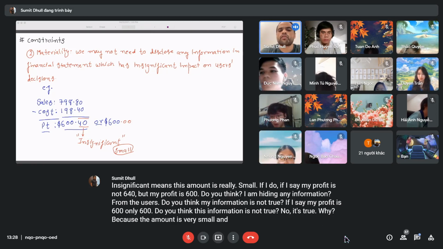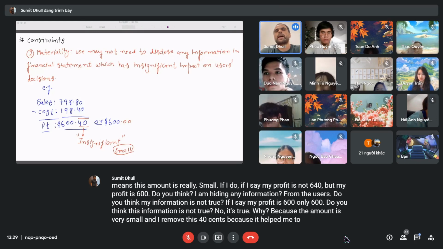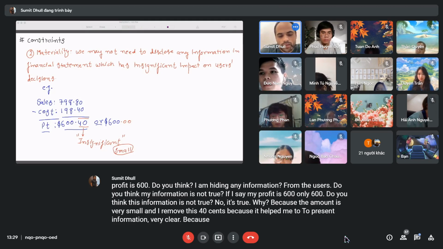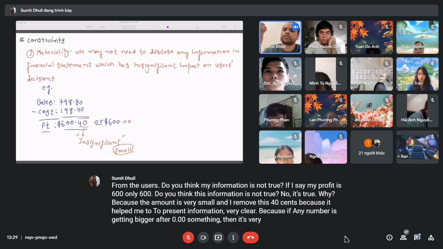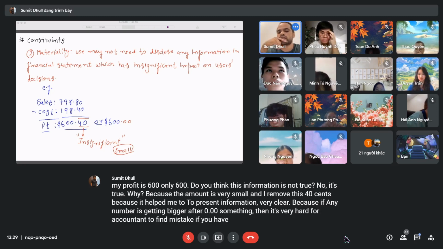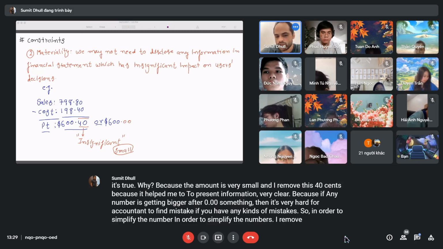And I removed this 40 cents because it helps me to present information very clear. Because if any number is getting bigger after 0.00 something, then it's very hard for accountant to find mistake if you have any kinds of mistakes. So in order to simplify the numbers, I remove this 40 cents.